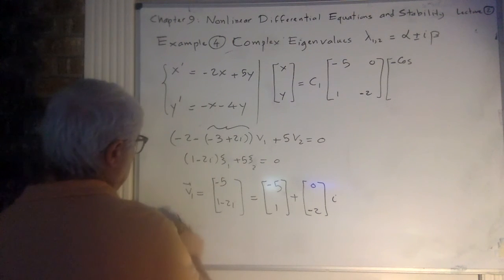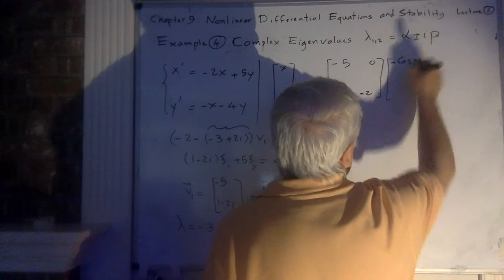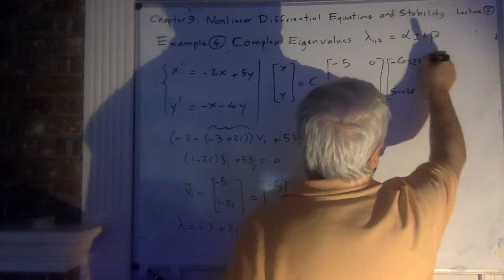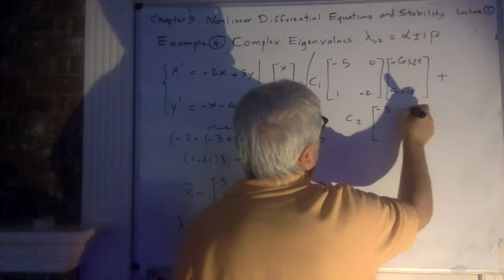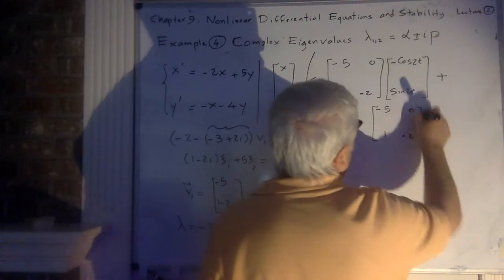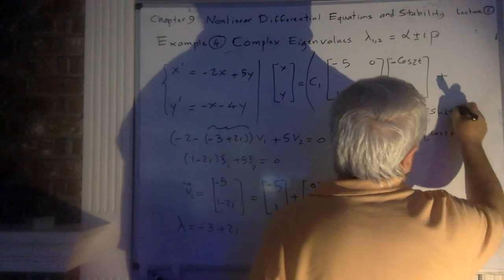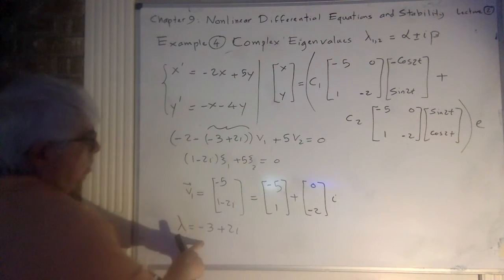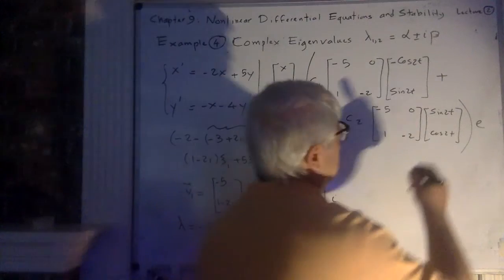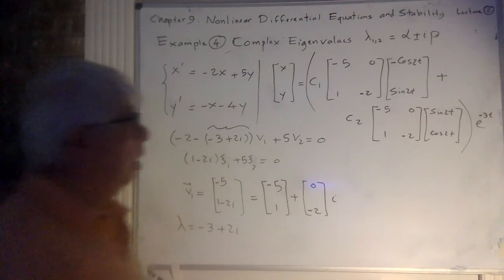The lambda was minus 3 plus 2i, so that's cosine 2t, sine 2t, this whole thing, plus c2, the same matrix, minus 5, 0, 1, negative 2, times sine 2t, cosine 2t, the whole thing e to the power alpha t. So that's beta, this is alpha, and minus 3t. Okay.